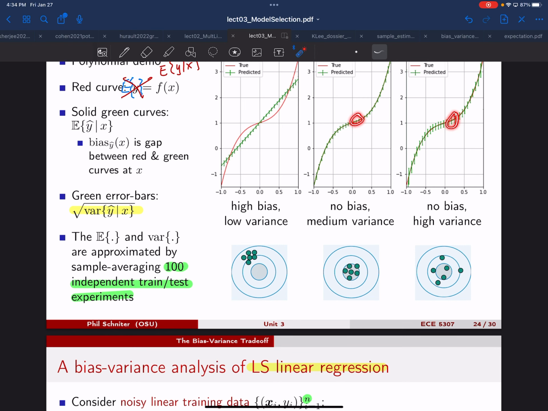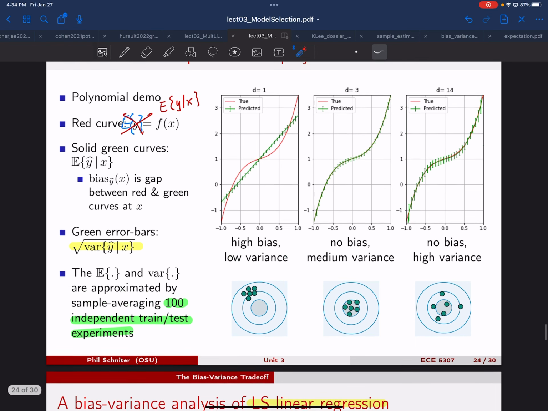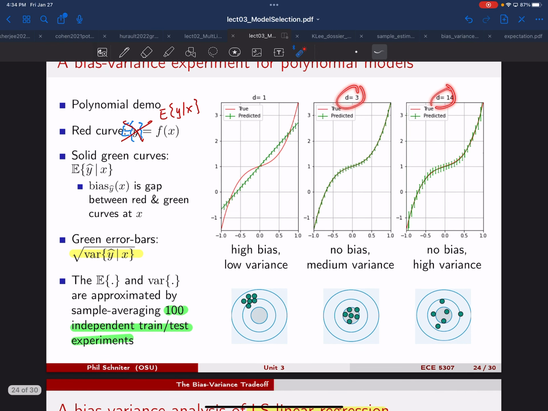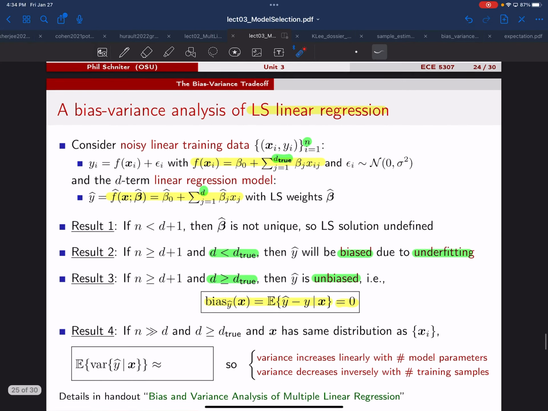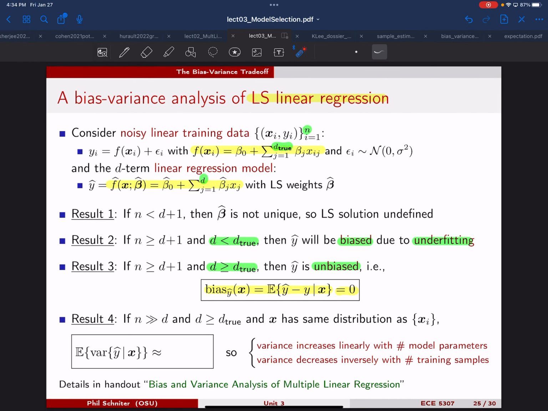Okay, but now we're looking for that last explanation. Why did the error bars grow as we went from 3 to 14? Okay, and that's this last result. So this one takes a little bit more work to derive. It goes kind of like this.